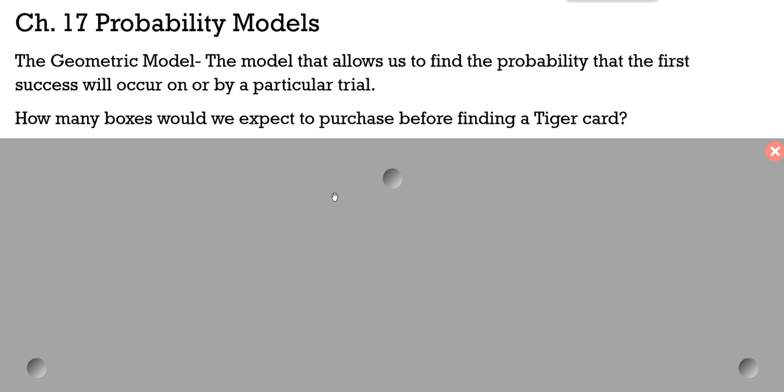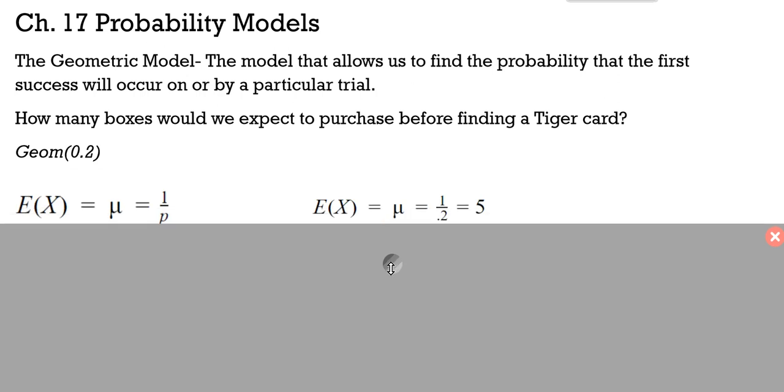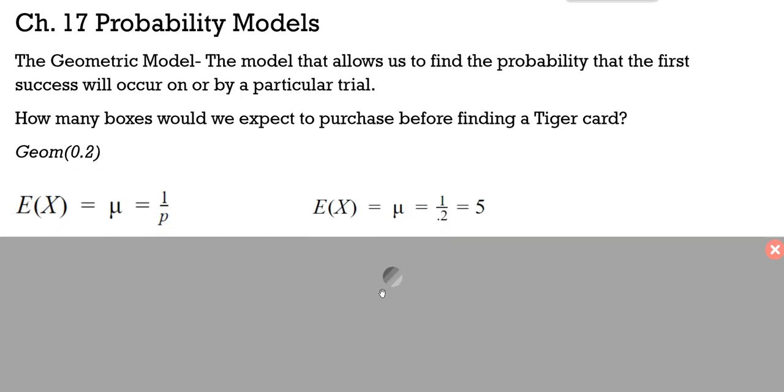For both of these models, the geometric model here and the next one that we're going to cover in the next lecture, we're going to be able to find a mean and standard deviation, which should give you some indication that the normal model might come into play at times. The expected amount, the mean, would be 1 divided by the probability of success.